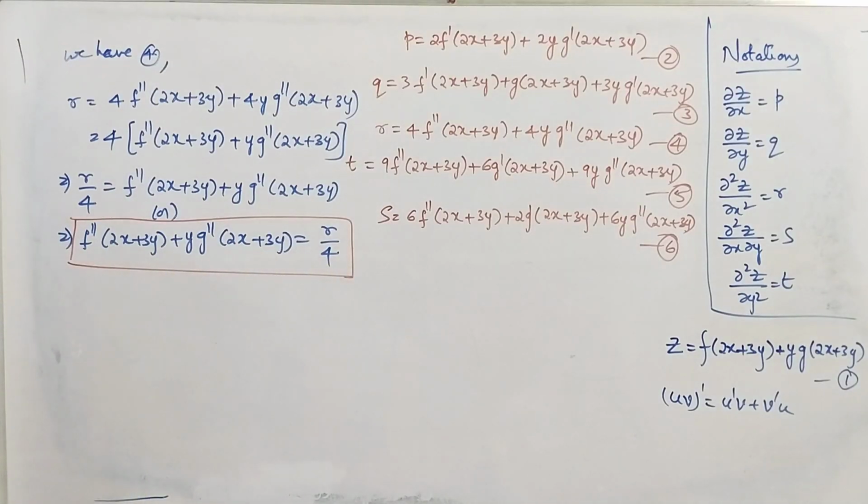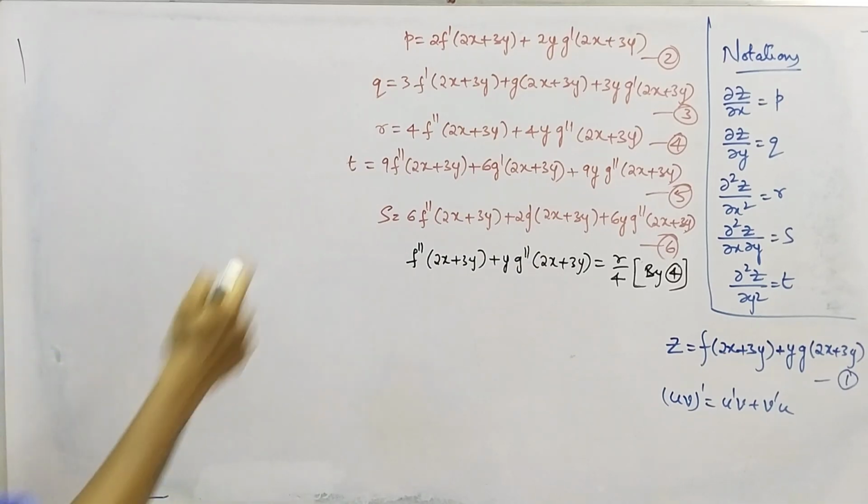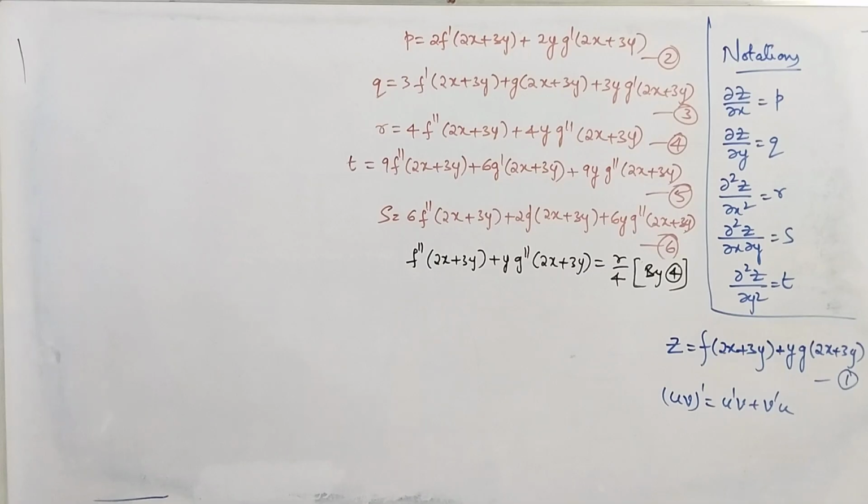So here we got one equation. We can use this for later. Now to find the value of g dash, we can use either 5 or 6.